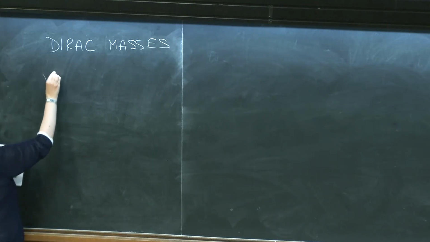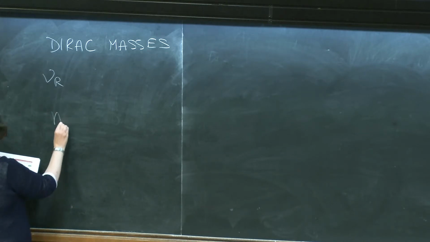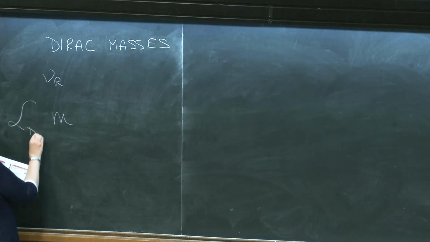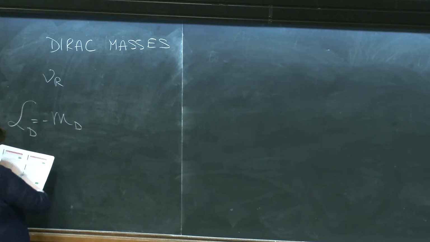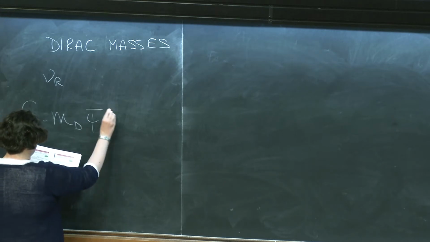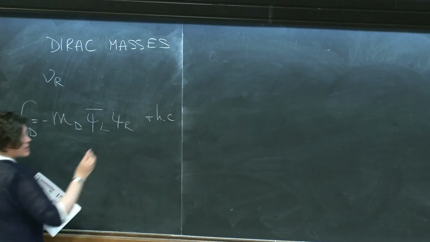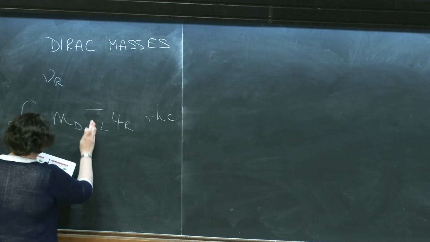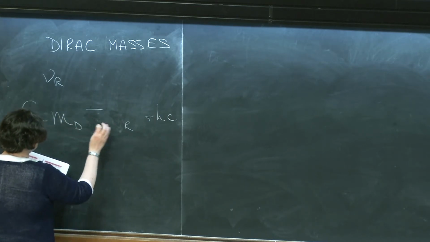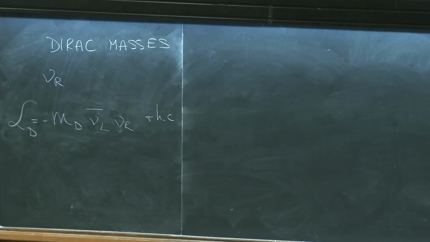In this case, I introduce a right-handed neutrino, which is a different field compared to the left-handed one, and then I can write down in my Lagrangian a Dirac mass term of this kind. I will have psi-bar left, psi right, plus Hermitian conjugate. Nothing special about it. Let me call it neutrino, as we are dealing with neutrinos. There's nothing really special about this mass term except for one thing.